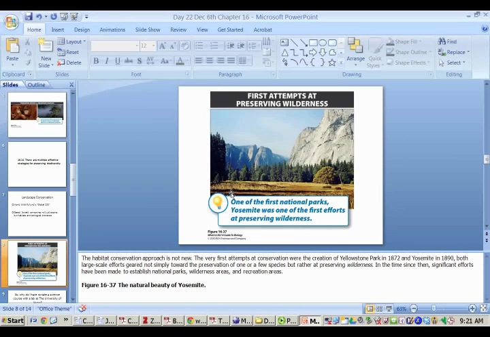Sometimes our first attempt at preserving wildlife, like in this case, one of the first national parks that was created, was Yosemite.